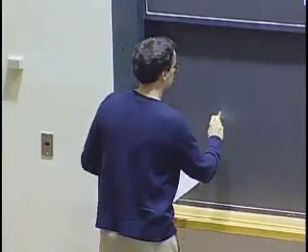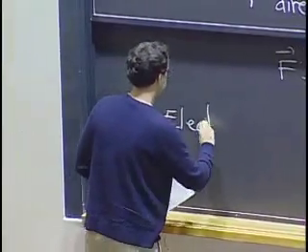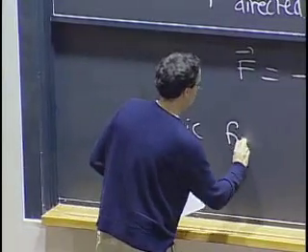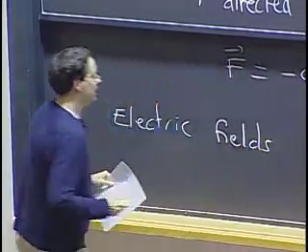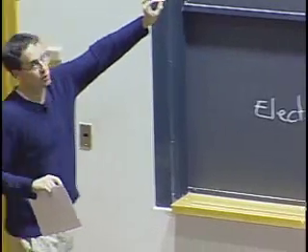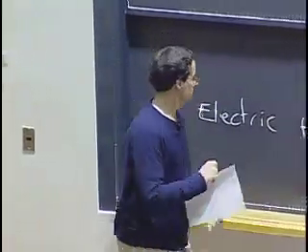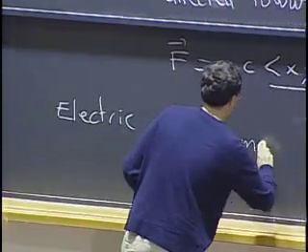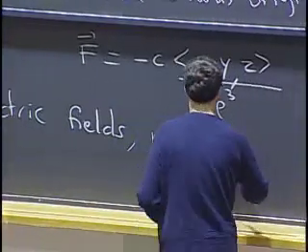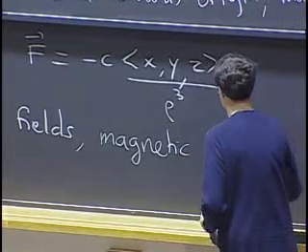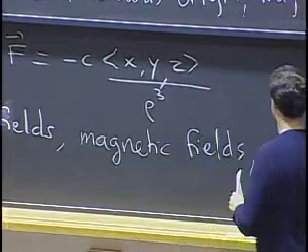Other examples would be electric fields. The electric field generated by a charged particle at the origin is given by exactly the same kind of formula. And there are magnetic fields, and so on.